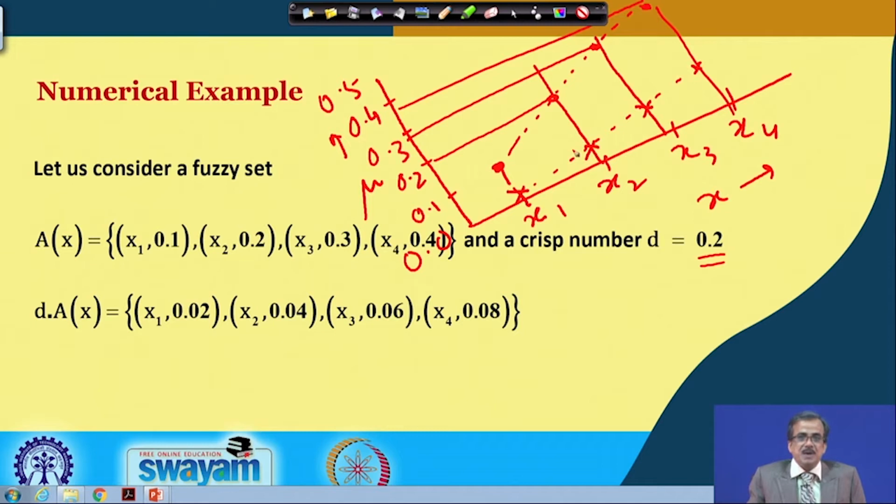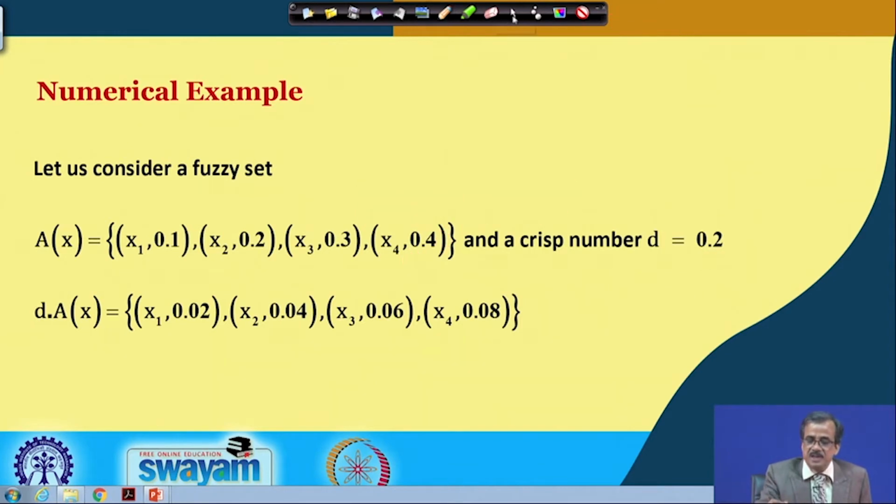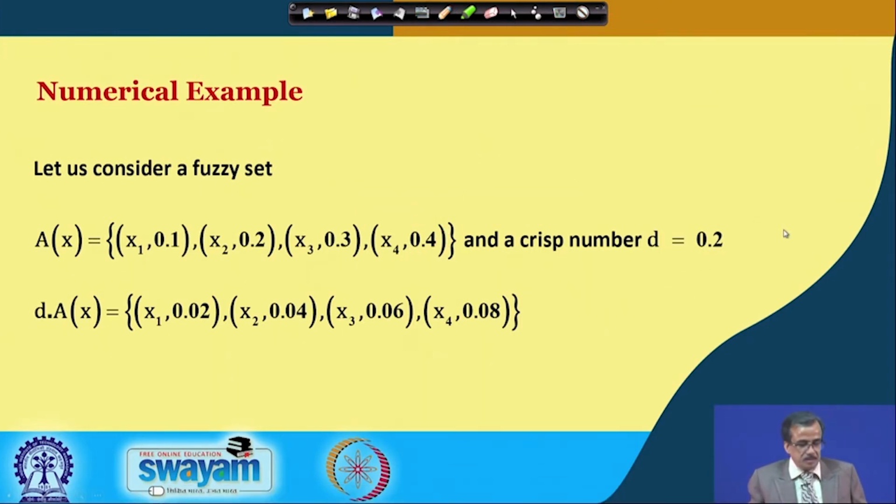With the help of some optimizer and some training scenarios, we try to optimize the shape of that membership function distribution. And this is actually the physical significance of multiplication of a fuzzy set by some crisp number. So, I think this idea is clear to you.